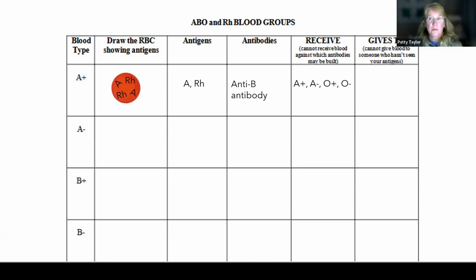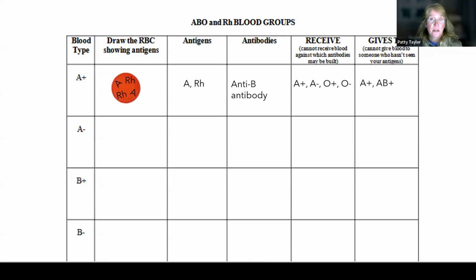So the catch is they have to recognize your antigens. You have antigen A and you have the Rh factor. So you can give it to your own blood type, A positive. You can also give it to AB positive. That's because AB positive recognizes your antigens, A and Rh.